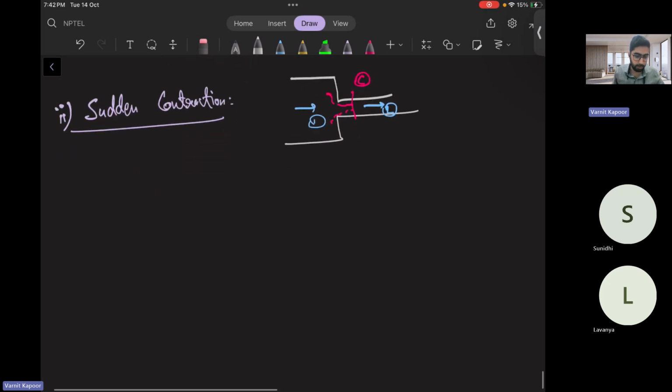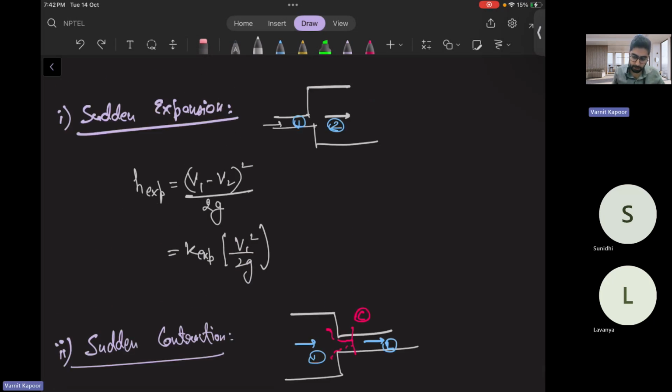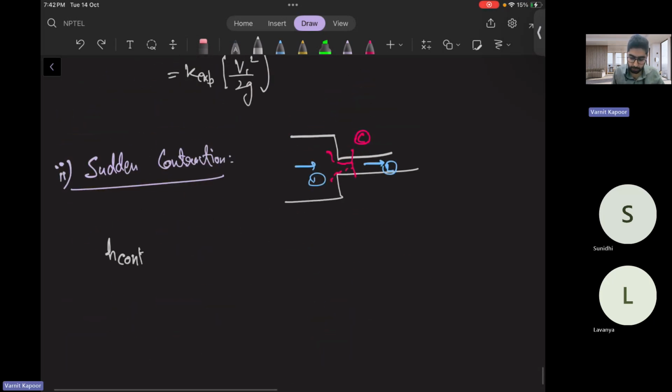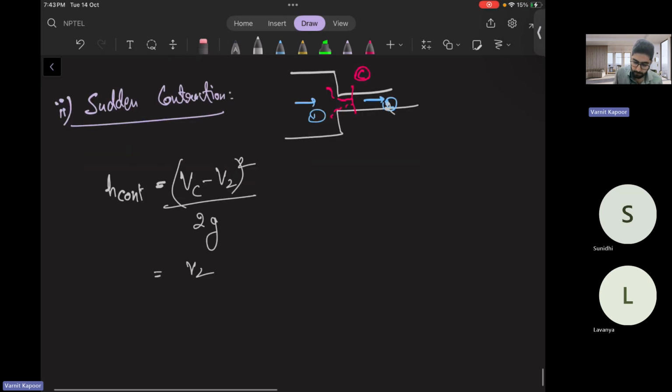So h contraction will be Vc minus V2, whole square by 2g, or V2 square by 2g into (1 by Cc minus 1).